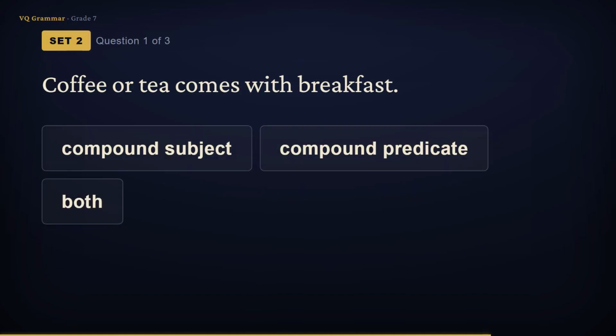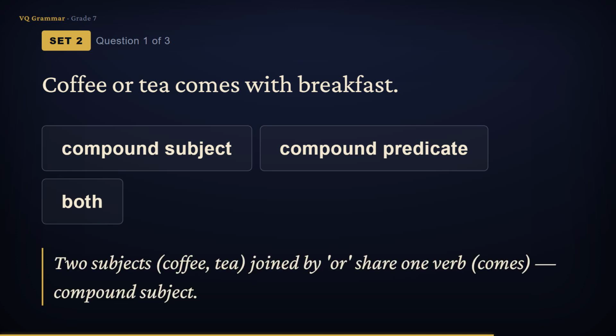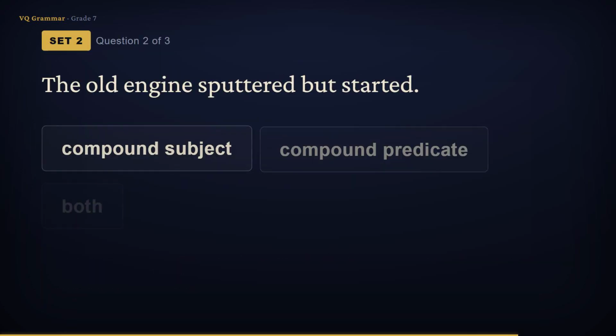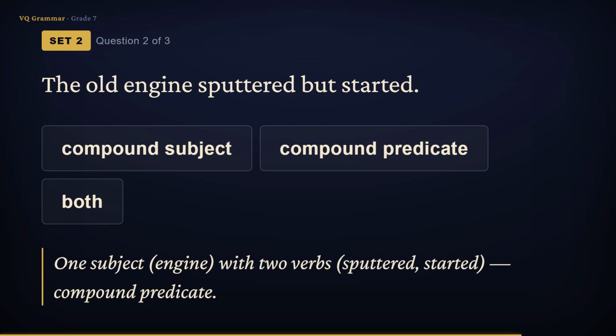Coffee or tea comes with breakfast. Count the subjects. Coffee and tea, that's 2, joined this time by or. Count the verbs. Comes, just 1. 2 subjects, 1 verb. So the answer is compound subject. The old engine sputtered but started. Count the subjects. Just the engine, that's 1. Count the verbs.